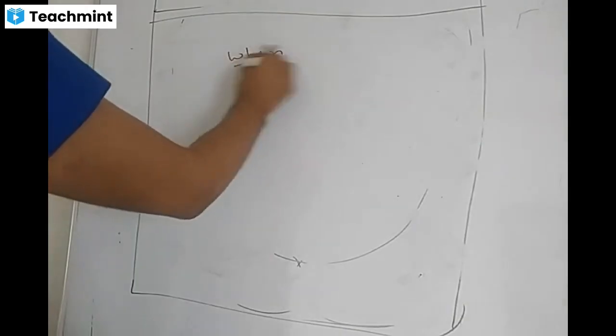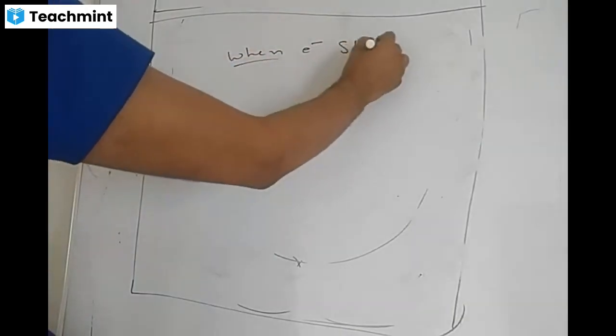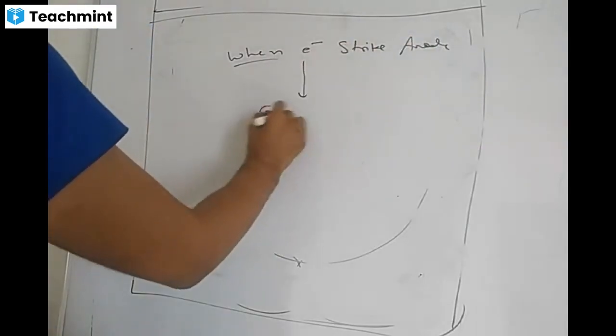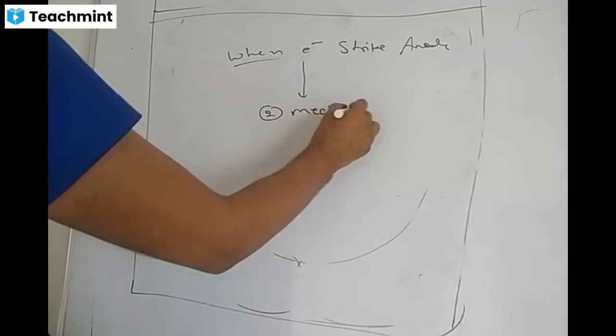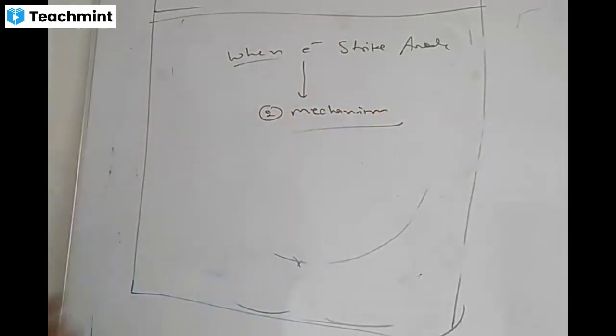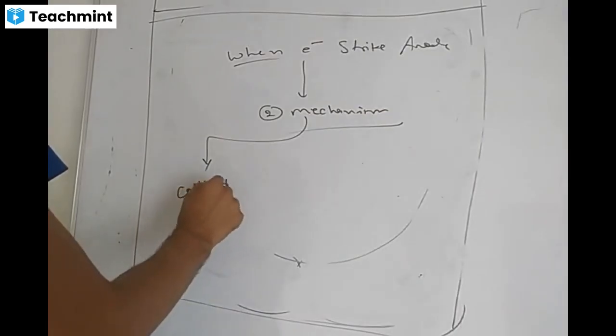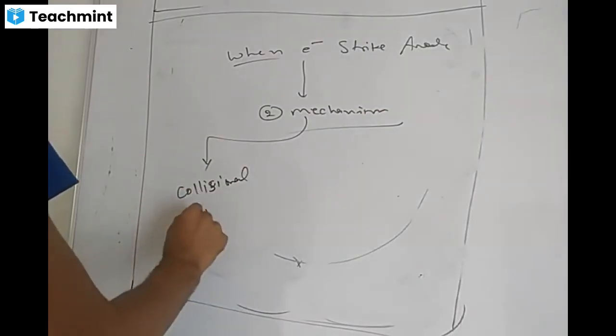Next, when the electron strikes the anode, two mechanisms occur. Two mechanisms operate. One is collisional interaction.